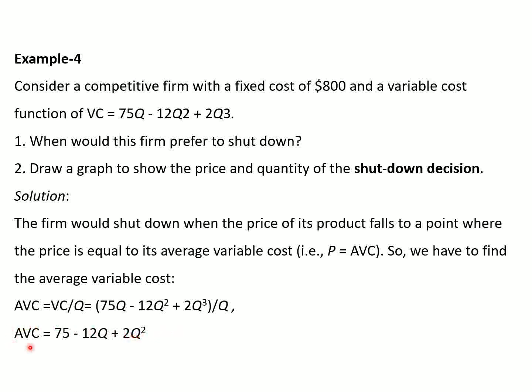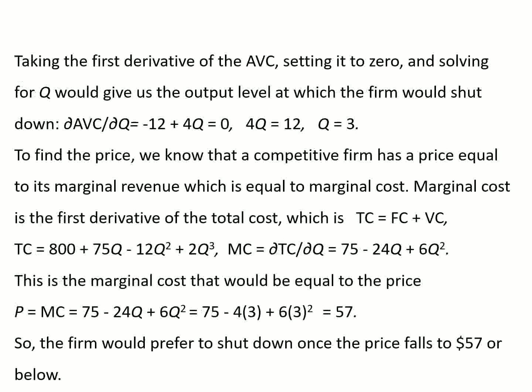This is the average variable cost function, and if the price is equal to this, that is the point where we want to close our production. Taking the first derivative of the average variable cost, setting it to 0, and solving for Q would give us the output level at which the firm would shut down.